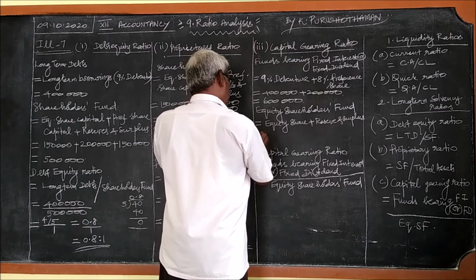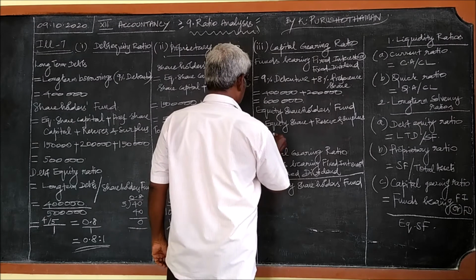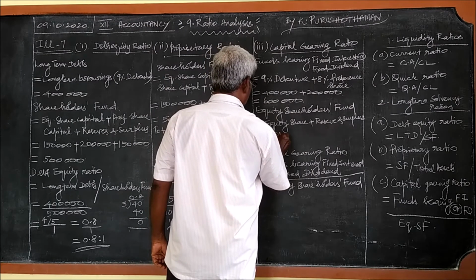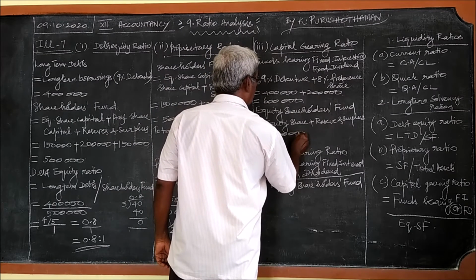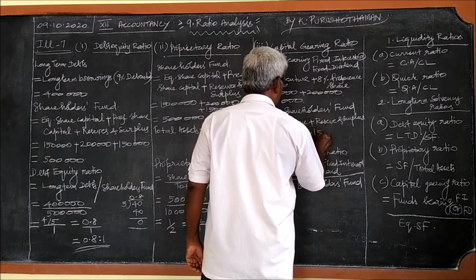The value of equity shares is 1,50,000. Reserves and surplus is also 1,50,000.